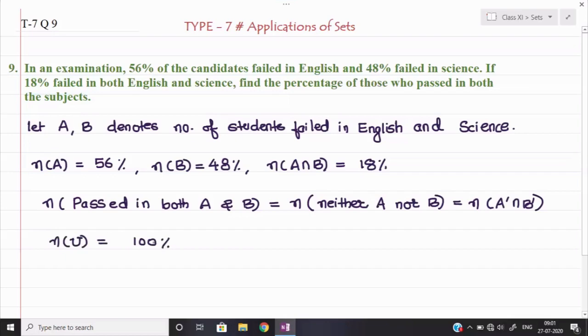So in the 100% students, some students will have passed in one subject, some have failed in both subjects, and some have passed in both subjects. Okay. So I hope the situation is a little clear to you, because this question is a little confusing.